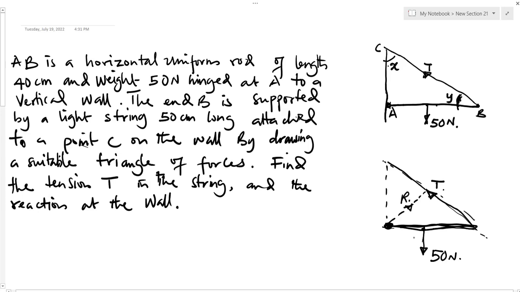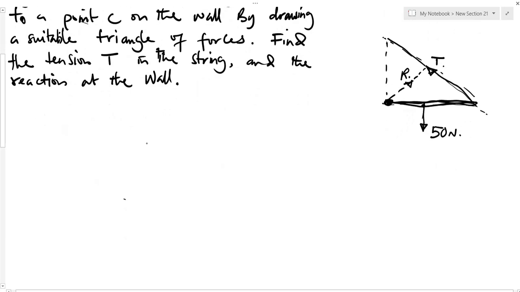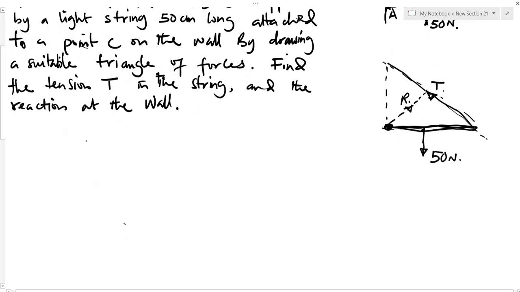Now, to draw the force triangle, look now, here is our A, here is B, here is C. Now, to draw a force triangle, the weight, which is 50 Newton, is vertical. This is 50 Newton, the weight.